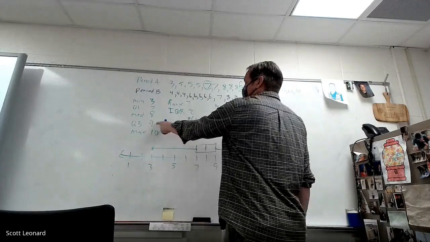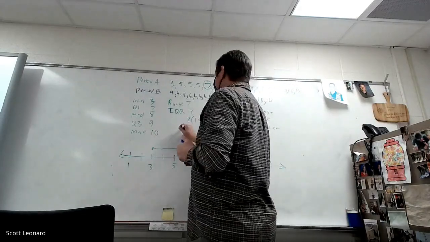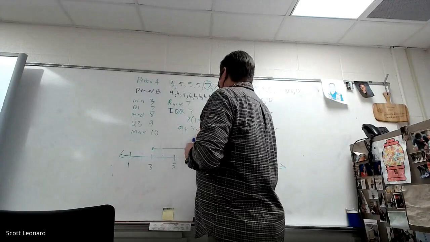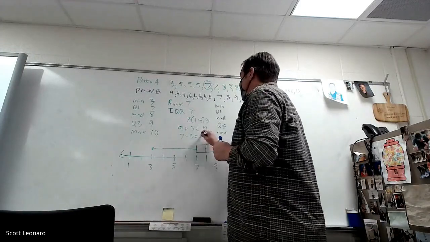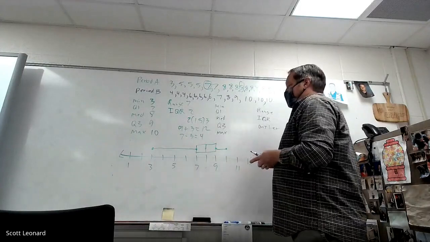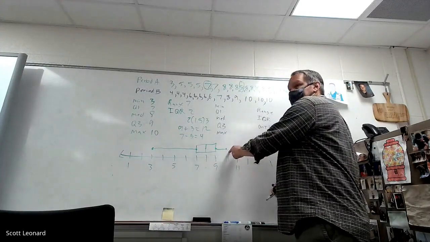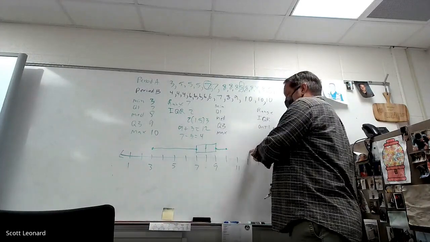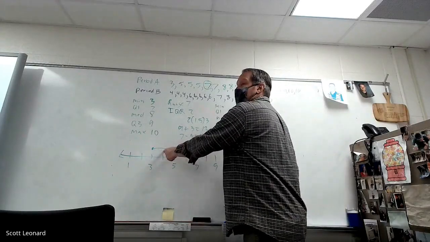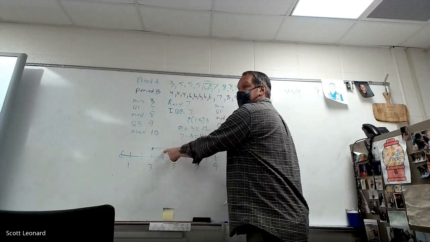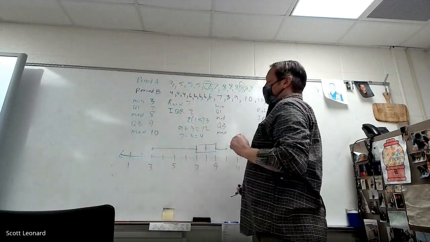So I'm going to add on a 9. 9 plus 3 is 12. 7 minus 3 for the lower level is 4. So do we have any outliers above it? Nope, 12's up here. Outlier below only goes to 4. So do we have an outlier? Yep, 3 is an outlier.